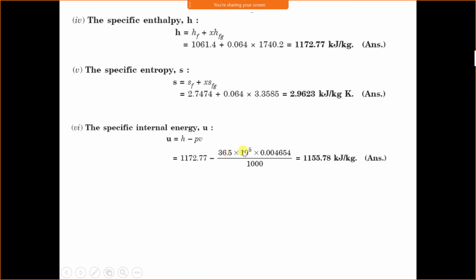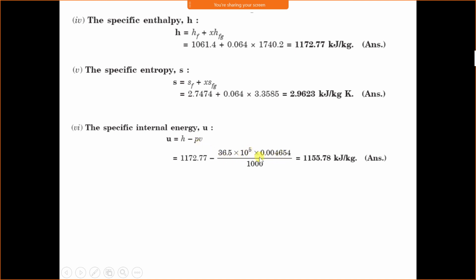Therefore, conversion of bar into Pascal is pressure multiplied by 10 raised to power 5, into volume. Volume is 0.004654, and this is in meter cube per kg.